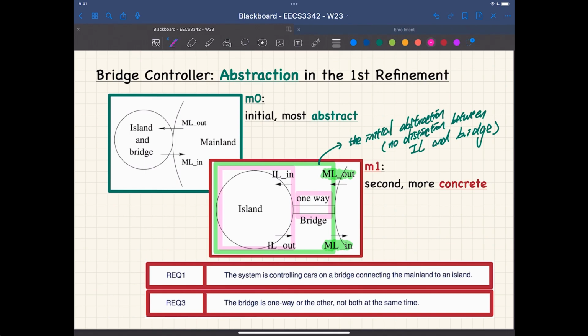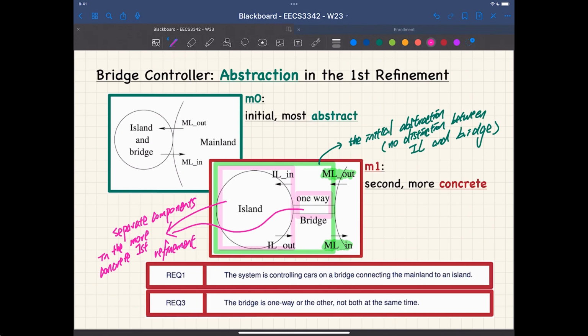So think about this one here and also this one here. So these are separate components in the more concrete first refinement.